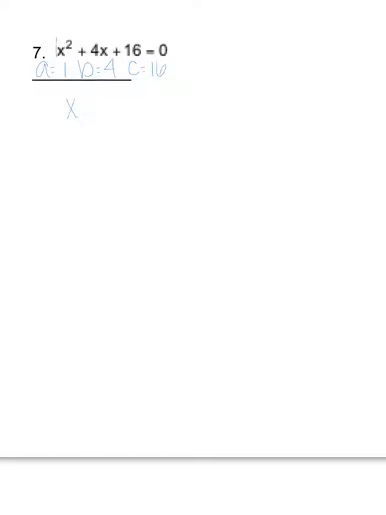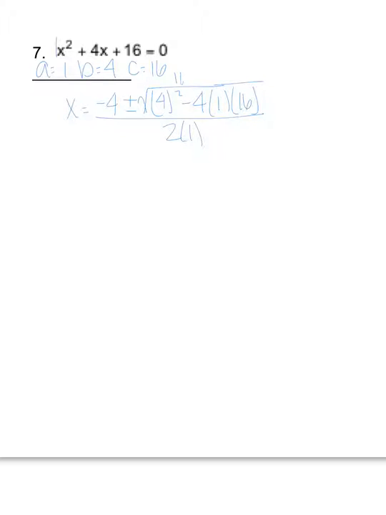Plugging into your formula, x equals the negative of b, so negative 4, plus or minus the square root of b squared minus 4 times a times c, all over 2 times a. So we're finding the number that's under the radical.